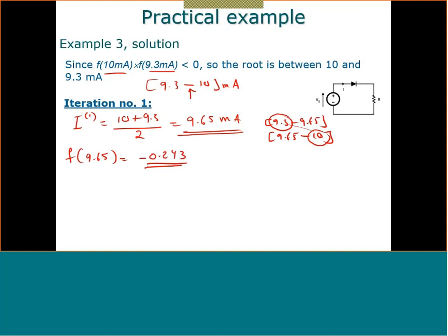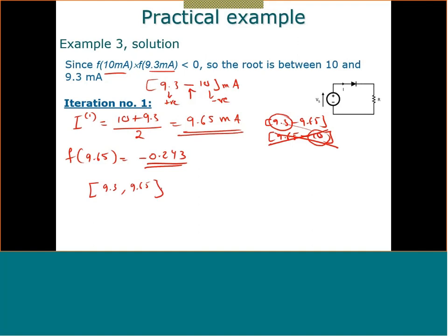So this is my function. So now I know that this is positive and this is negative. Since this is negative, I know that cannot be here. It has to be here. So the new answer is between 9.3 and 9.65.